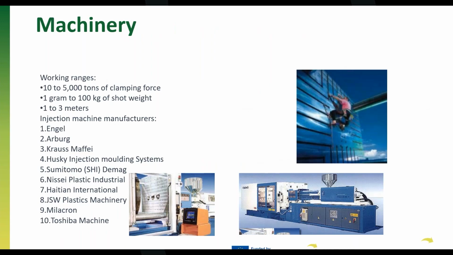Okay, we go in depth into injection molding and the machine. We can work with many different brands. I have summarized some of them here, and also with many different sizes of products. We can work with small products in which we will use a clamping force of 10 tons, or we can go to, let's say, a bumper from a car, or a container lid, which are parts with more than 1 square meter of area, in which we can use injection machines of up to 5,000 tons of clamping force, which means that the amount of products that we can manufacture is huge.